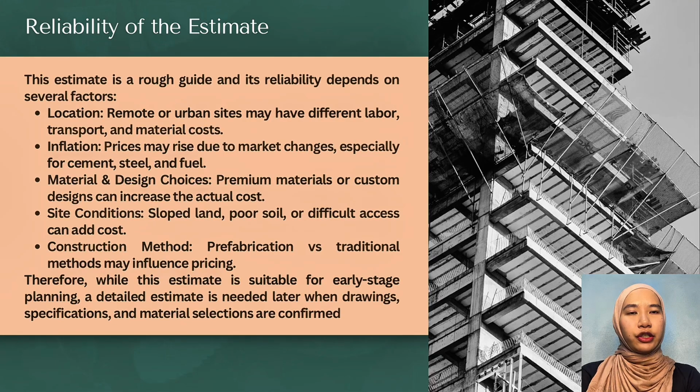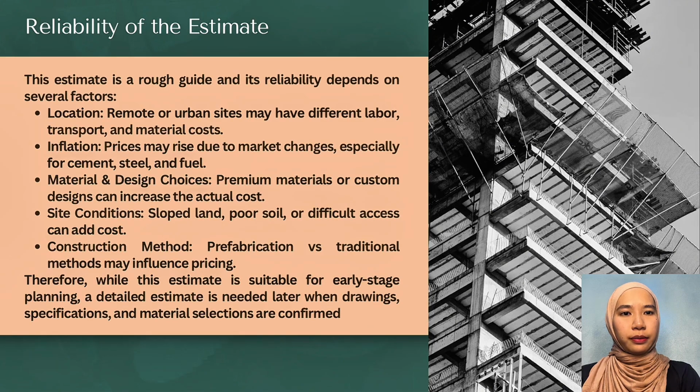Prices may rise due to market change, especially for cement, steel, fuel, and others. The next factor is material and design choice. Premium material or custom design can increase the actual cost.